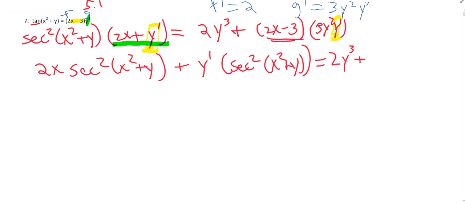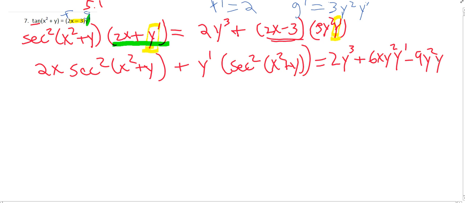So we would have 2 times 3, we would have 6x y squared y prime minus 9 y squared y prime. And then we could collect all of our terms, all the y primes on the left, and everything else we can move over to the right.